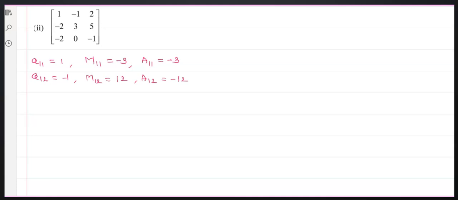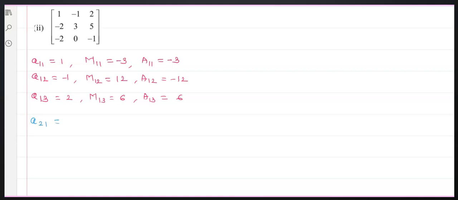If you have command of this type of matrix, then you can write directly. A13 is 2, therefore M13 is 6, and A13 is equal to 6. This is the first row.